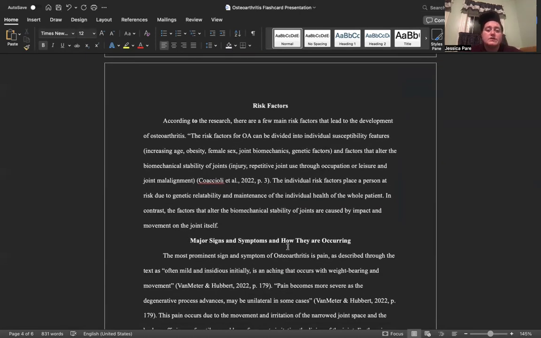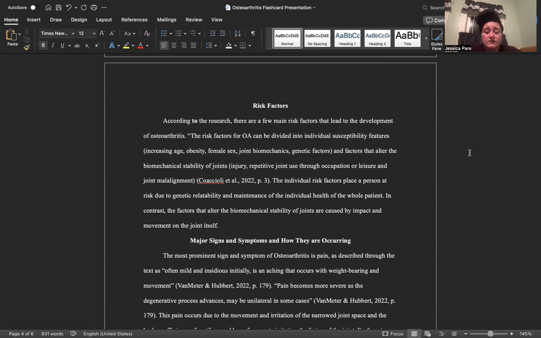So according to the research, there are a few main risk factors that lead to the development of osteoarthritis. The risk factors for OA can be divided into individual susceptibility features: increasing age, obesity, female sex, joint biomechanics, genetic factors, and factors that alter the biomechanical stability of joints.